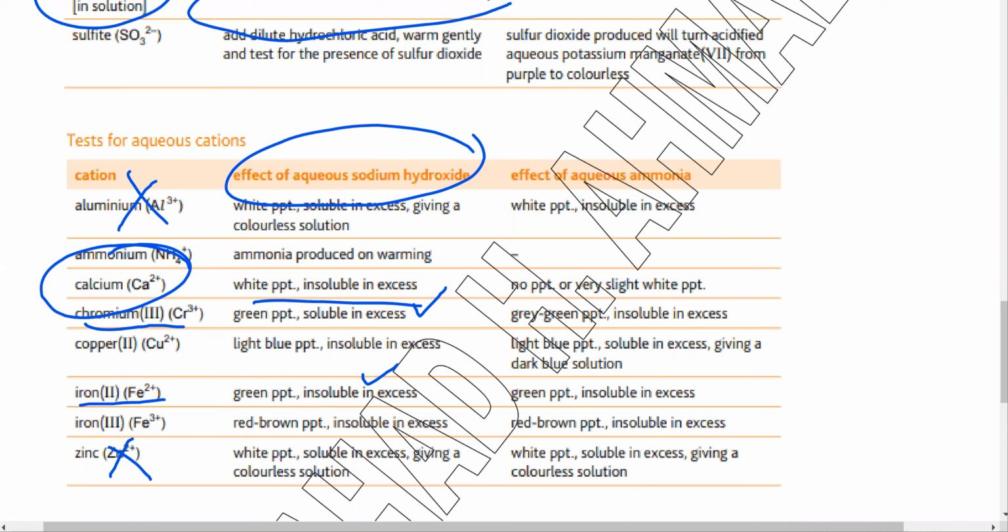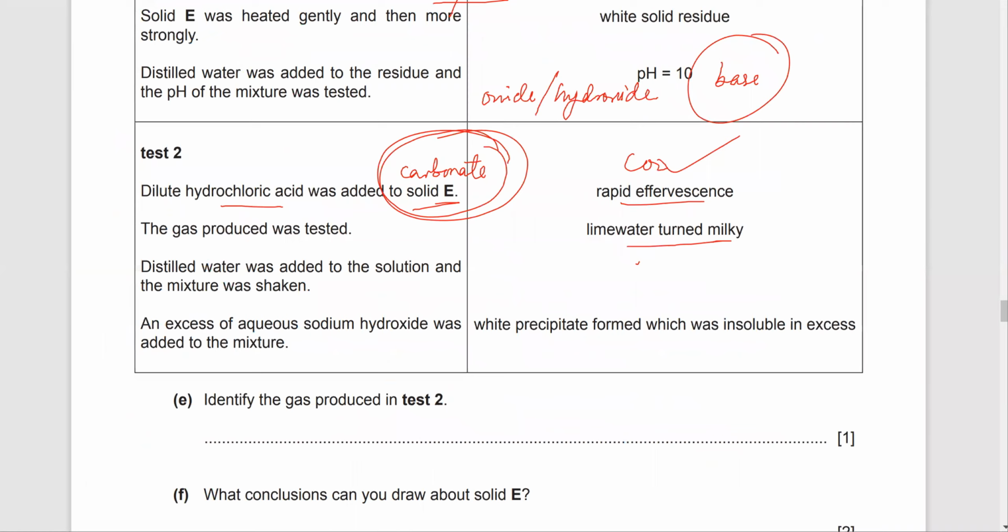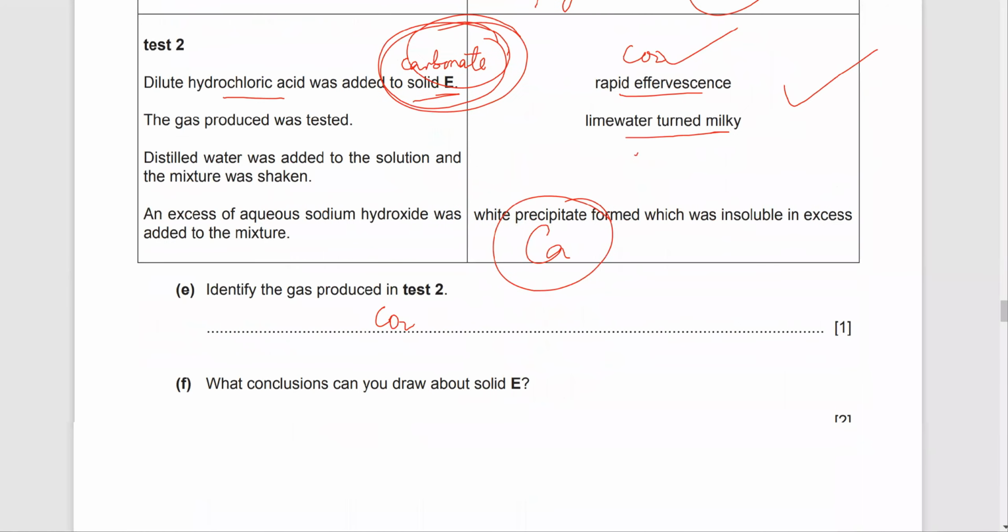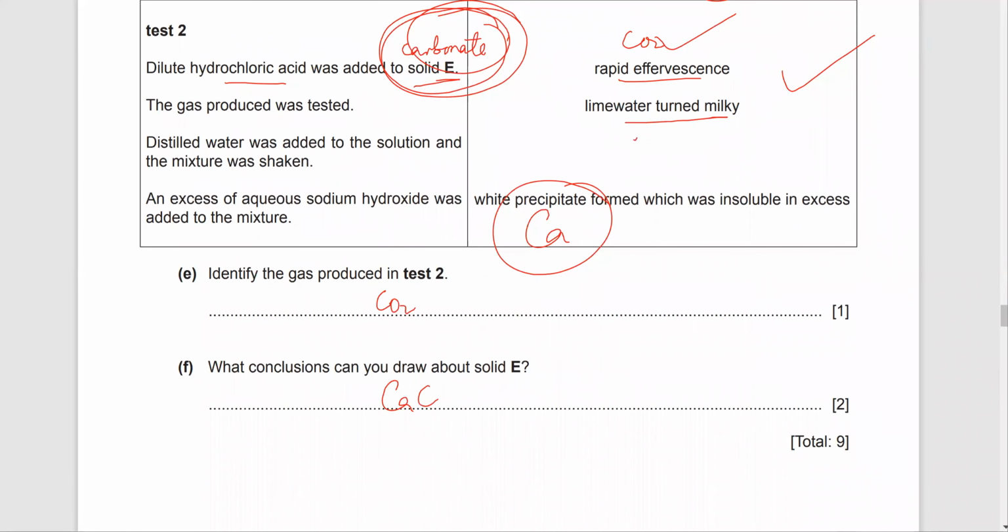Is this clear? Yes. So this is going to be calcium. So it's a carbonate and it has calcium. Identify the gas: that's carbon dioxide. What conclusions can you draw? It's calcium carbonate. One mark for calcium, the other for carbonate. Is this clear? Yes.